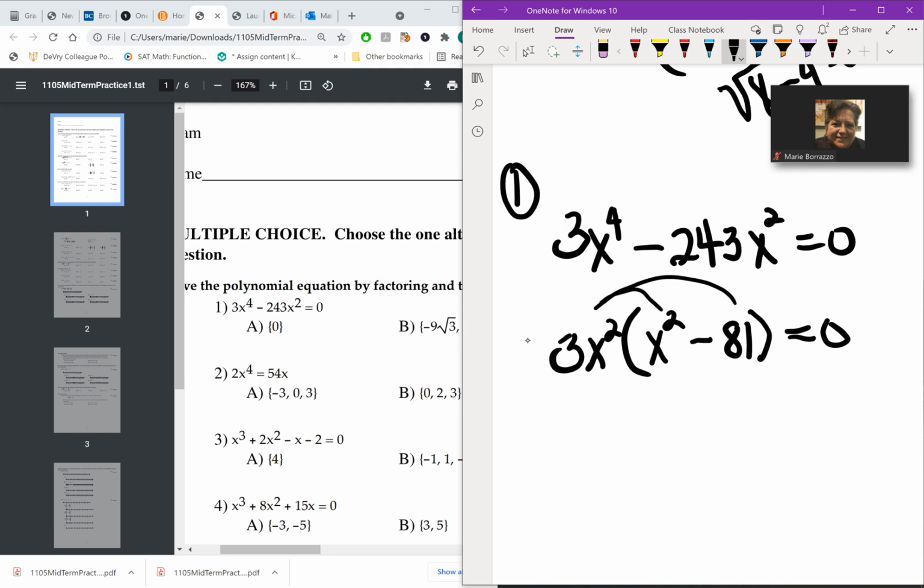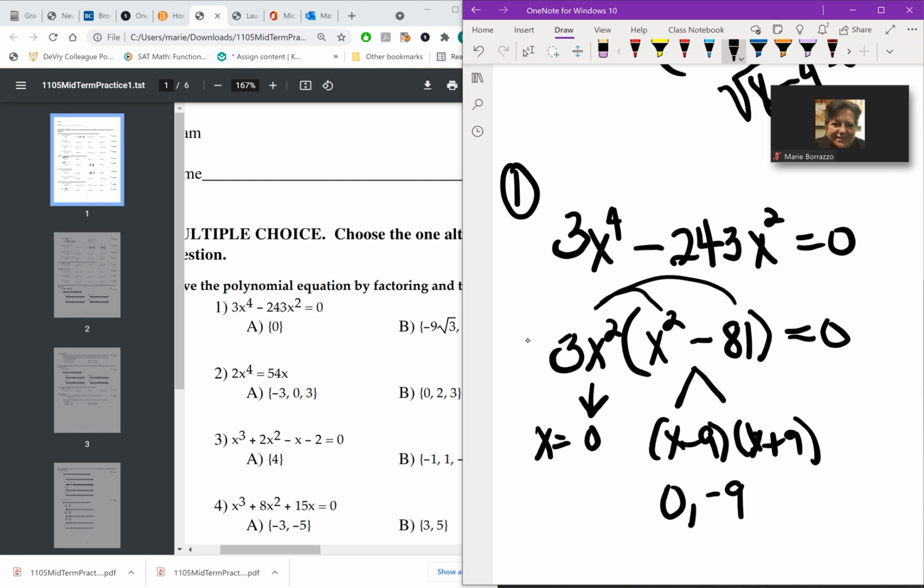Now, we want to remember that this can be factored further. We know that this is a repeating 0, so we already know that x is equal to 0. And here, this is x minus 9 times x plus 9. So you have 3 solutions for this equation. Your solutions are 0, negative 9, and positive 9.